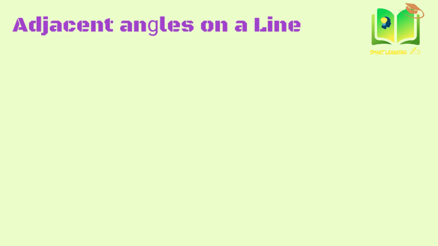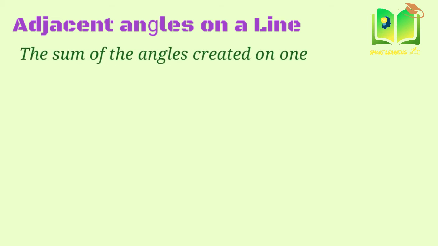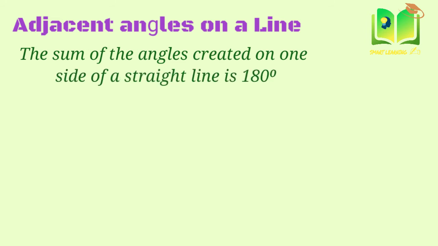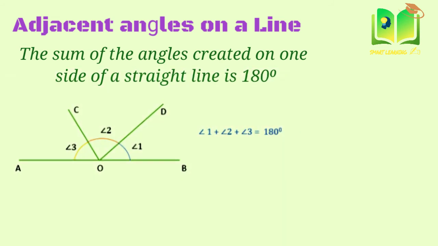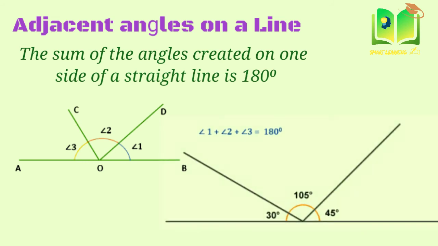Now we will see the adjacent angles on a line. The sum of the angles created on one side of a straight line is always 180 degrees. In the given figure you can see angle AOC, angle COD and angle DOB. Three adjacent angles are on one side of the straight line, so together they make 180 degrees. See another example.